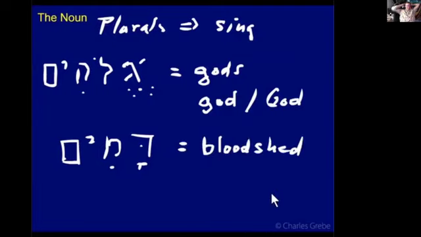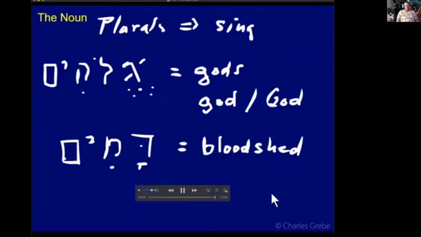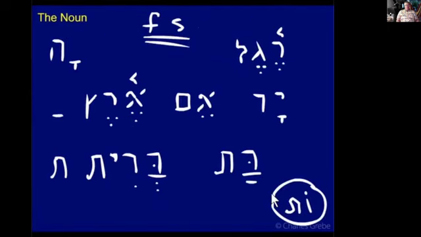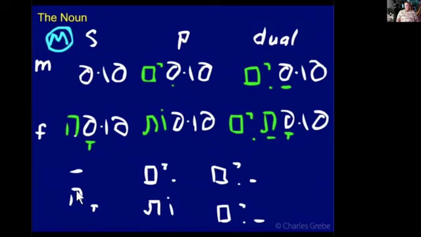All this to say simply that if a word is morphologically singular or plural, there are some times where it will function the opposite way. That's all that was about. Feminine endings have three types. We have feminine singular with the ah ending, we have no ending, and we have tav. And what we first dealt with here is the paradigm, and this is something to memorize.